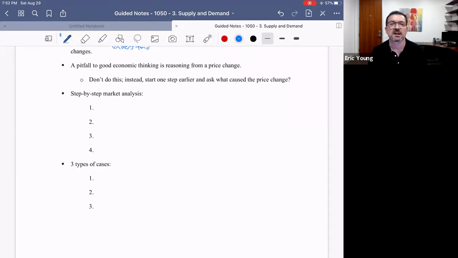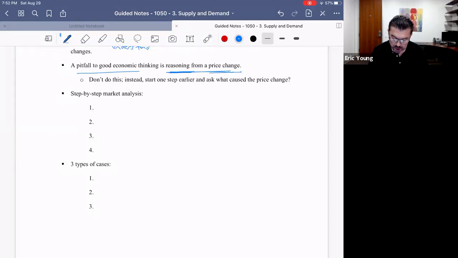Now, one of the things that I really want to caution you about is yet another pitfall to good economic thinking. Lots of people will make snap judgments based on a price change. We call this reasoning from a price change. They'll see a price change and they'll think that that is the cause of something else. They begin their reasoning from the price change. You can't do that.